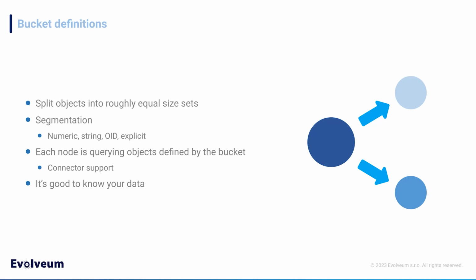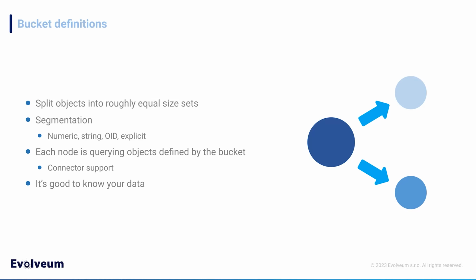But the hard part is that you need to define the segmentation. And to be able to define it, you need to know your data, because nobody knows your data. Someone is using, for example, numeric identifiers, but they are starting from 1 million. So there's no point in creating a bucket for anything lower than 1 million.